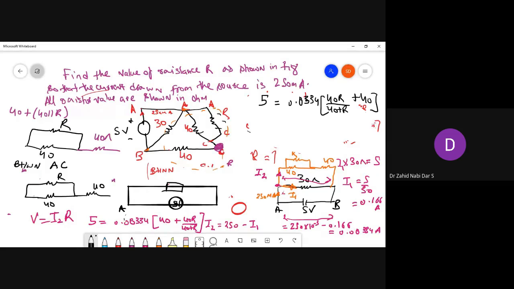If you take this approximately, this would be 60. So again you can write 20 times (40 plus R) equal to 40R, or 20R is equal to 800. So you get the value of R to be 40.